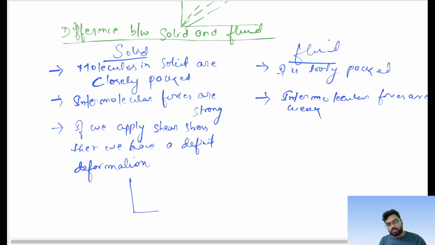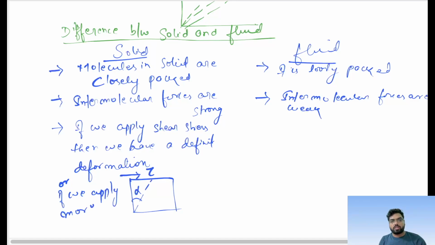Suppose in this case it is a solid body, and here if shear stress is applied, then we can have a definite deformation, let it be alpha. Beyond a limit, the material will break.